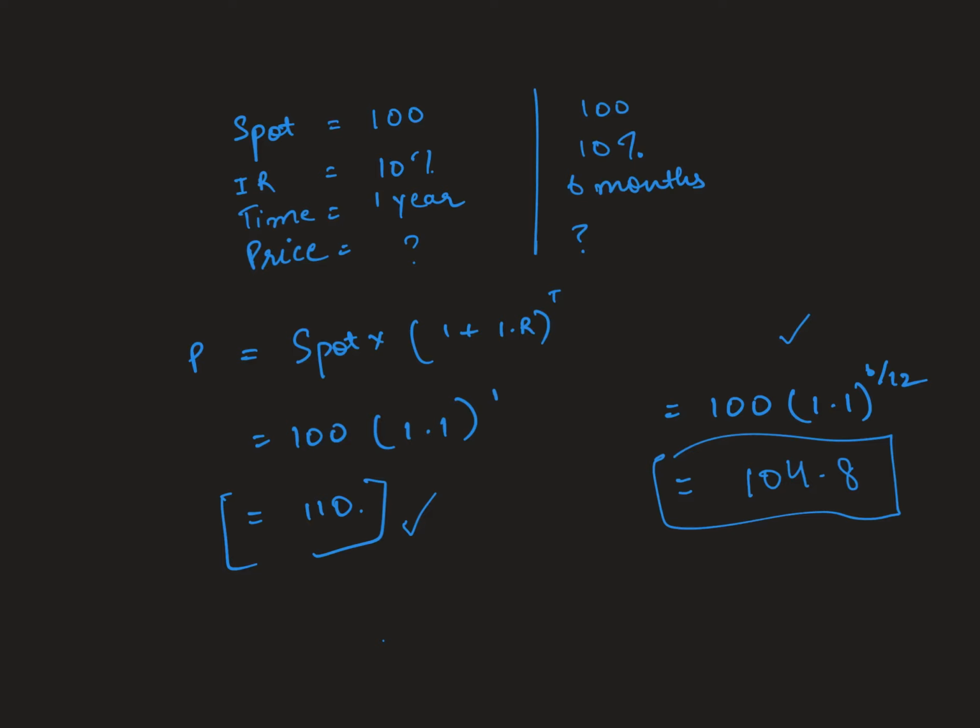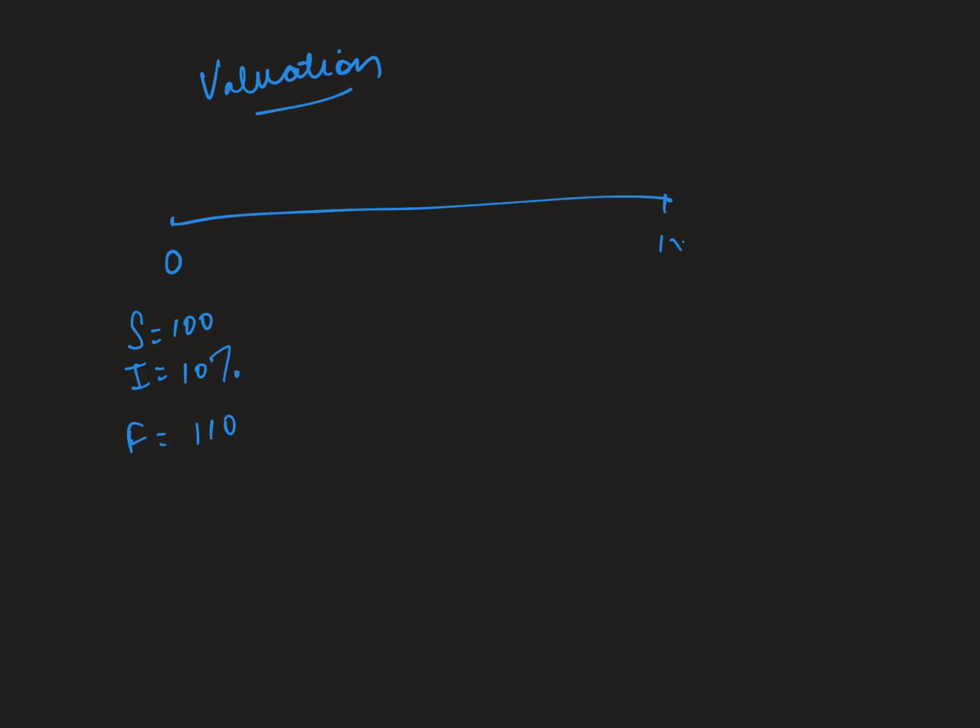Let's move on to valuation. I would really want you to hold your attention for this concept, because this is the base for all the other valuations that you're ever going to do in this reading. So let's say at time 0, when my spot price was 100, my interest rate was 10%, my no arbitrage forward rate came out to be 110 for a time period of 1 year.